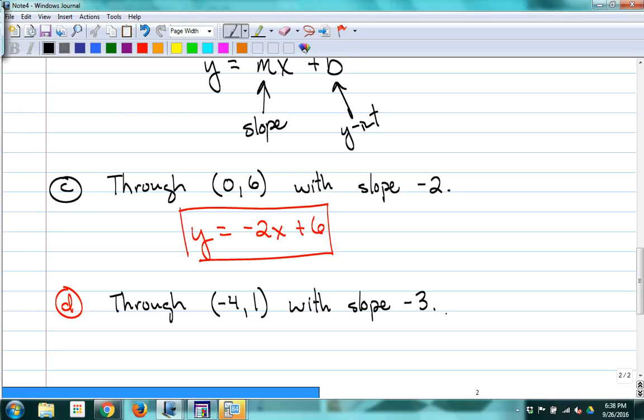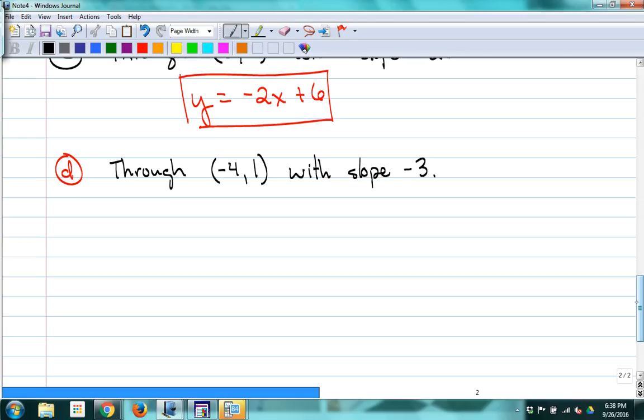Now, that should look familiar. Through -4, 1 with a slope of -3. Look at example A. It's the same one. Why did I use the same one? Because I want to get you the connection between point-slope form and slope-intercept form.